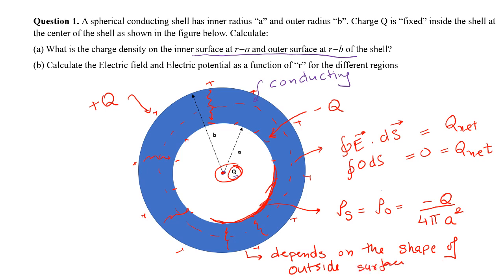Remember what has happened when I brought this charge Q and it induced a charge of minus Q on the surface. Electric field here is equal to 0. The charge which is sitting outside is not seeing any forces due to these two charges.